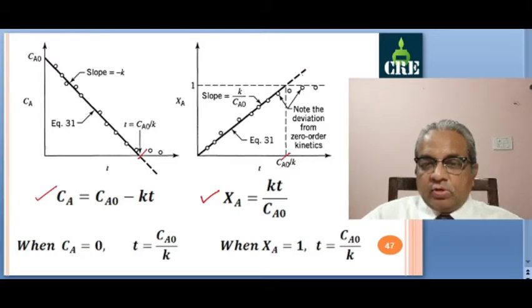So we will not carry out the integration beyond this value. So for zero order kinetics, we have these values: Ca is equal to 0 for t equal to Ca0 by k, and Xa is equal to 1 for t equal to Ca0 by k.